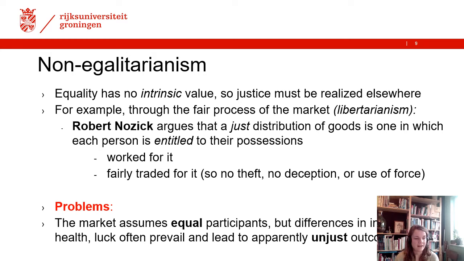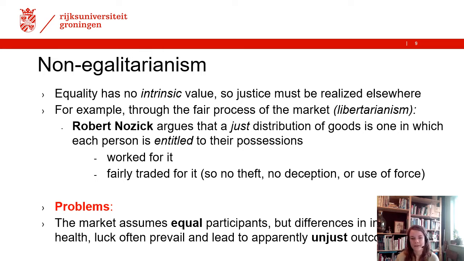Maybe you've already an idea about this, but this also gives rise to a problem, right? If the market assumes that all participants are equal, then, well, you might already realize we're not all equal, right? There are differences in income, in ability, in health, in luck.